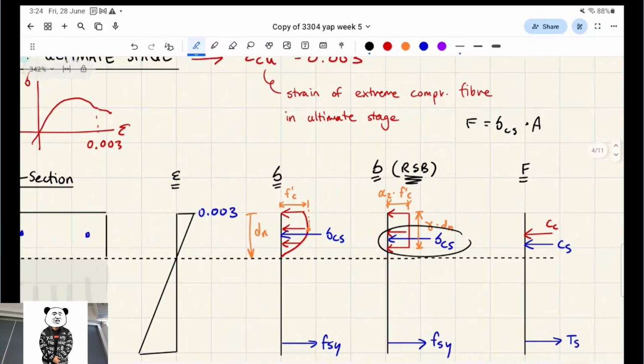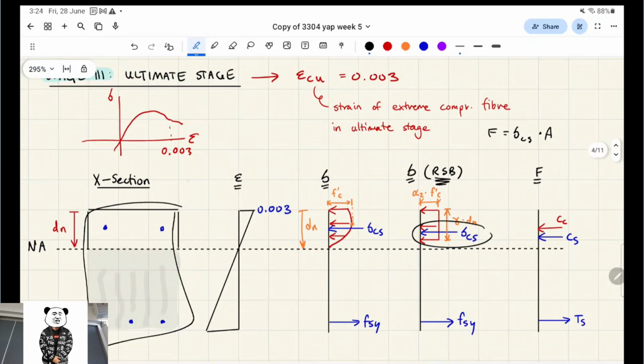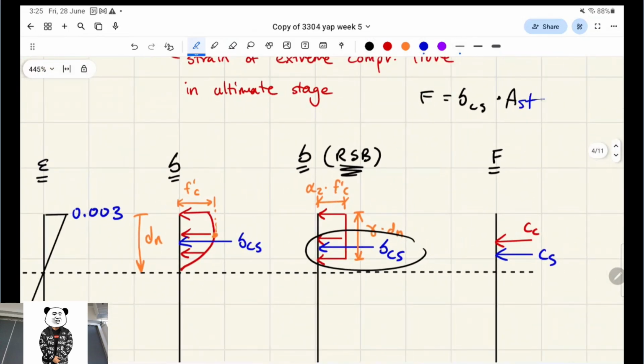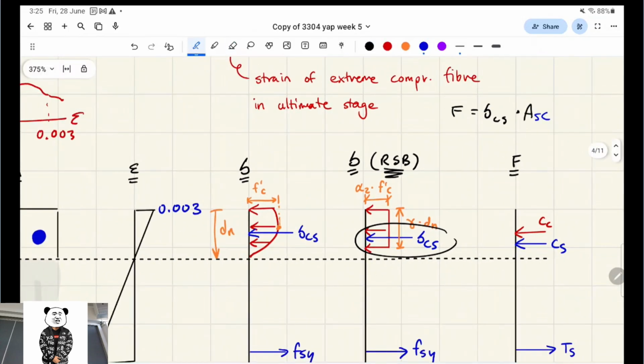The cross section of the entire rectangular. Very good. So it's just here, right? That's called AST. Oh, sorry, ASC for the compressive one, right? So that force we call CS, compressive steel force, right?